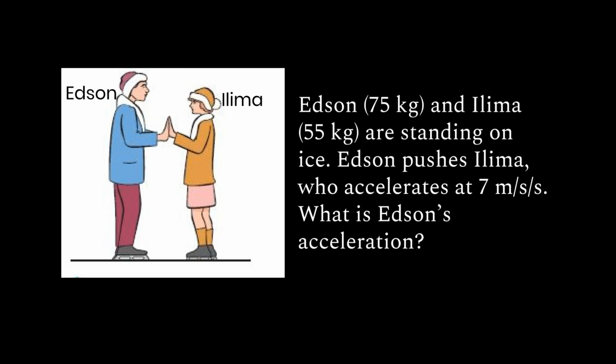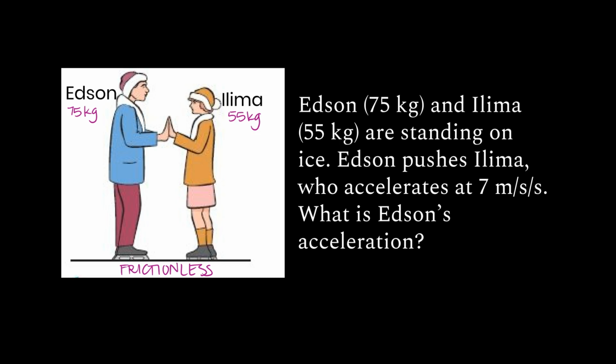Okay, this is a problem that we went over in class, but I think a lot of us were kind of confused by it. And so Edson here has a mass of 75 kilograms. Elima over here has a mass of 55 kilograms. And they're standing on ice, so frictionless. Okay, so I want you to remember that.